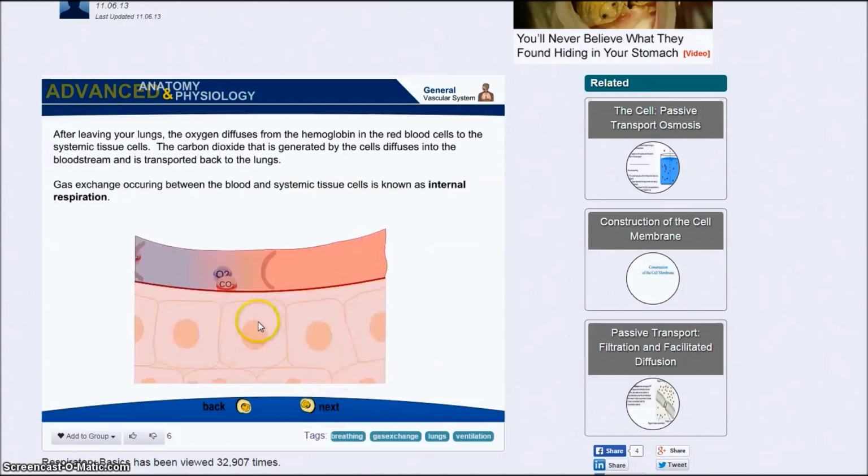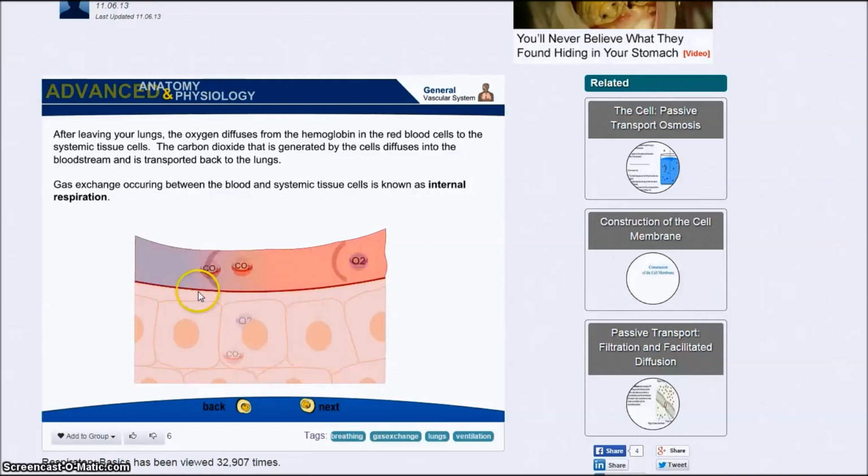So here's what happens in this interactive. We're seeing very rapidly what's happening. Carbon dioxide is being dumped out. So this is the air sac. This is the artery or the capillaries in the air sac.